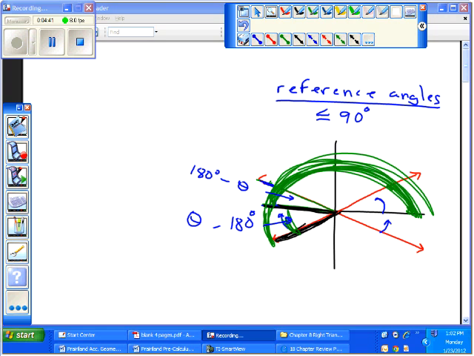If we want this angle right here, it's just the angle we started with. You see, we didn't go over close to the other side.